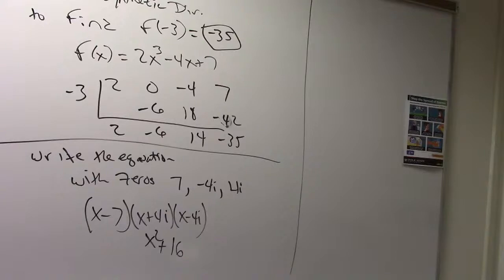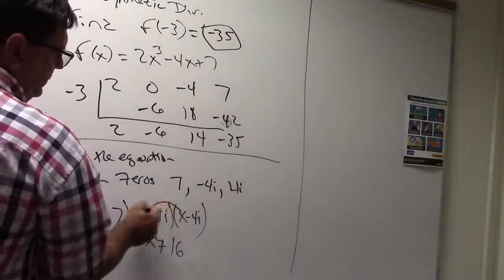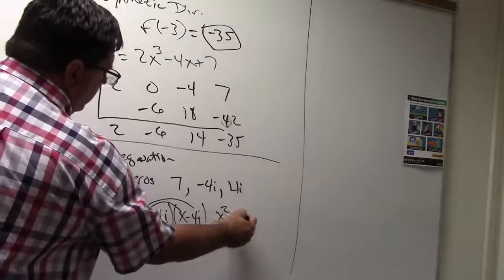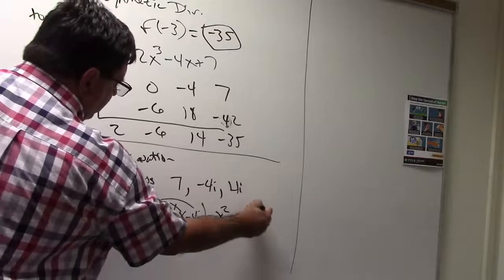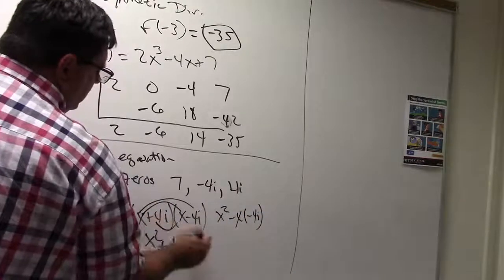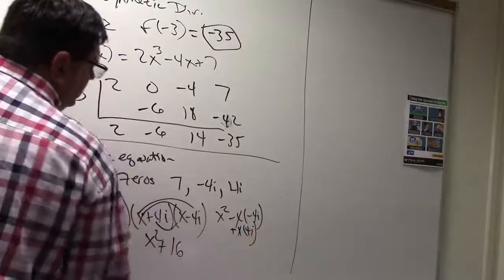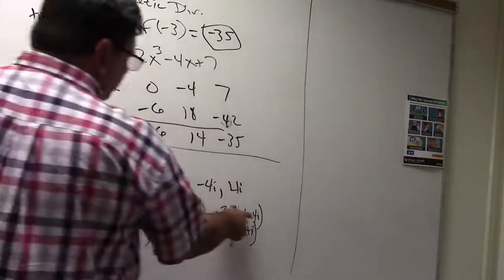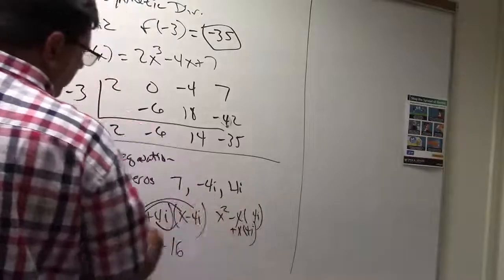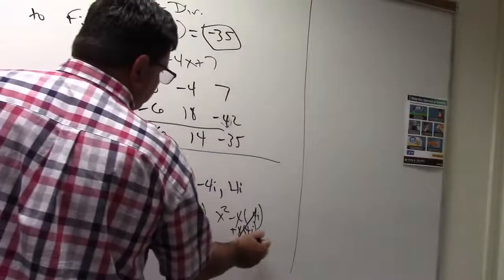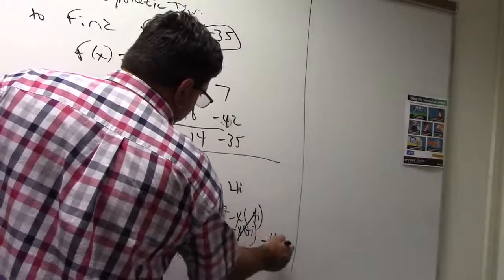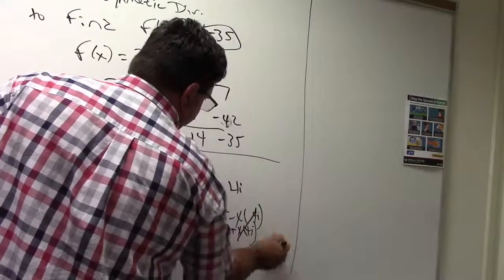I didn't get that. X squared, x times negative 4i, plus x times positive 4i, excuse me, minus 4ix. These cancel, giving me negative 16i squared, yes?